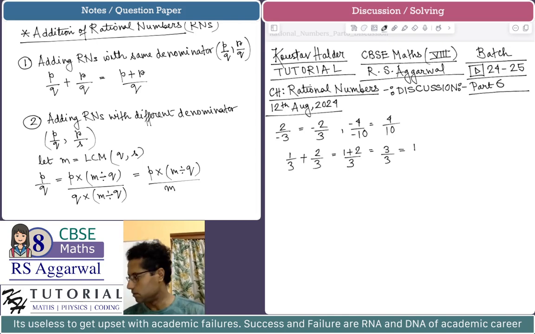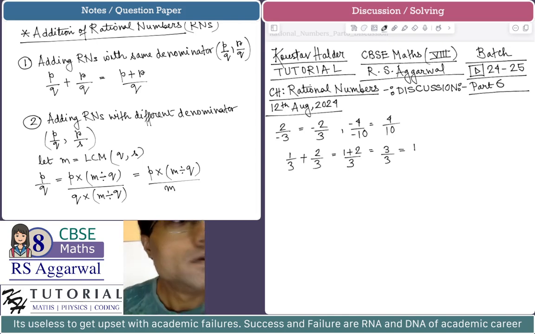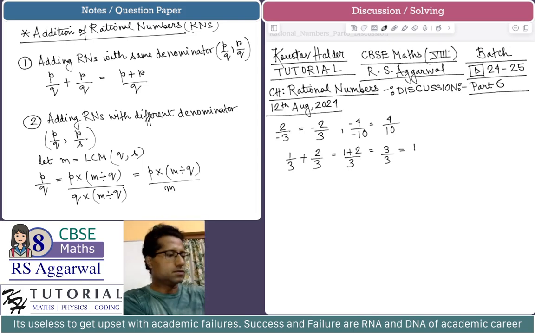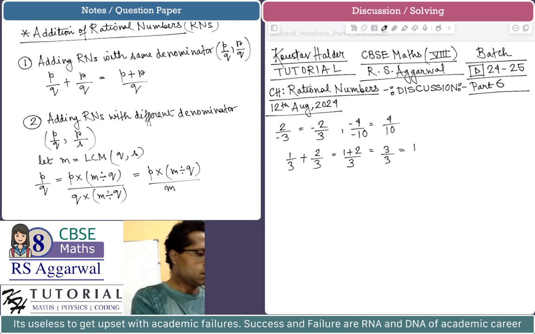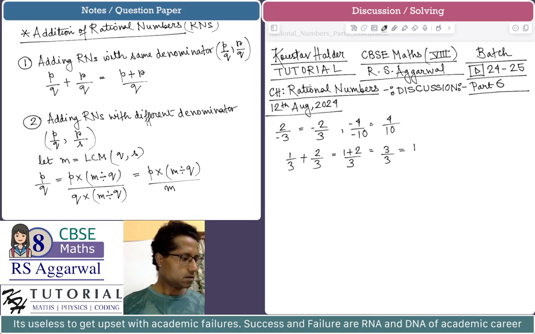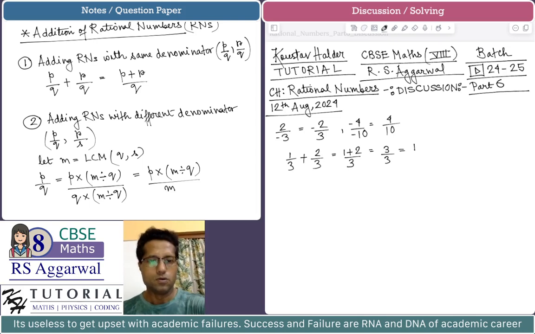Okay, I will take some examples while I am discussing the theory. So this was adding two rational numbers which have the same denominator.